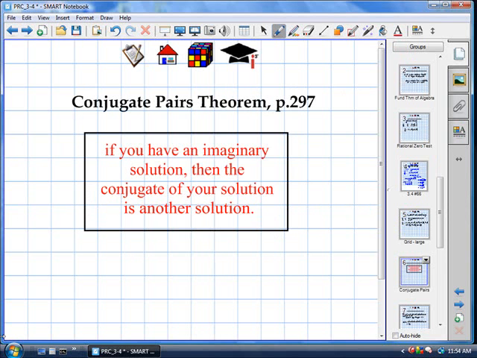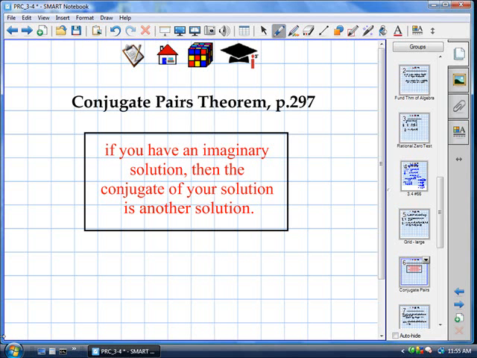Then, another interesting creature is the conjugate pairs theorem. And I put this in my own simplified terms in the box. If you've got one imaginary solution, then I guarantee you've got another one. It's the conjugate. They always have a conjugate pair, every single time.